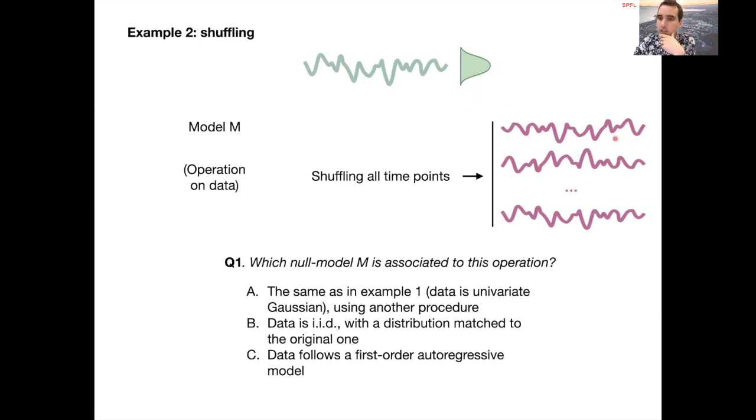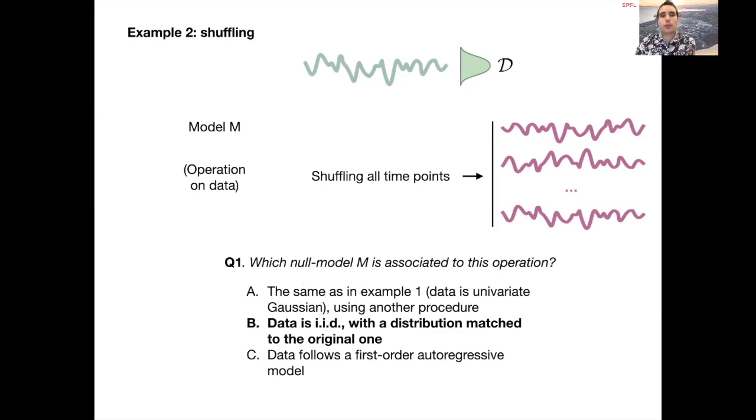So each of these surrogate datasets will have exactly the same distribution as this one. Hence the correct answer is B, data is IID with a distribution matched to the original one. In particular, the mean and the standard deviation of the original data are preserved, but also all other statistics defined by this distribution. So it's not A, the correct answer.